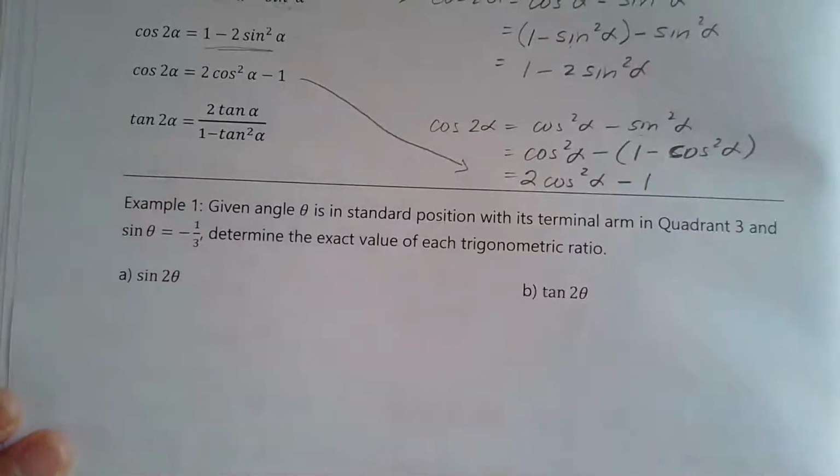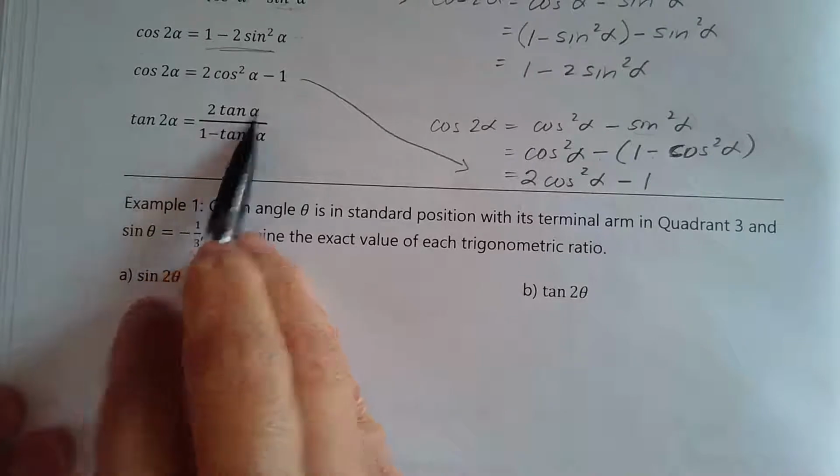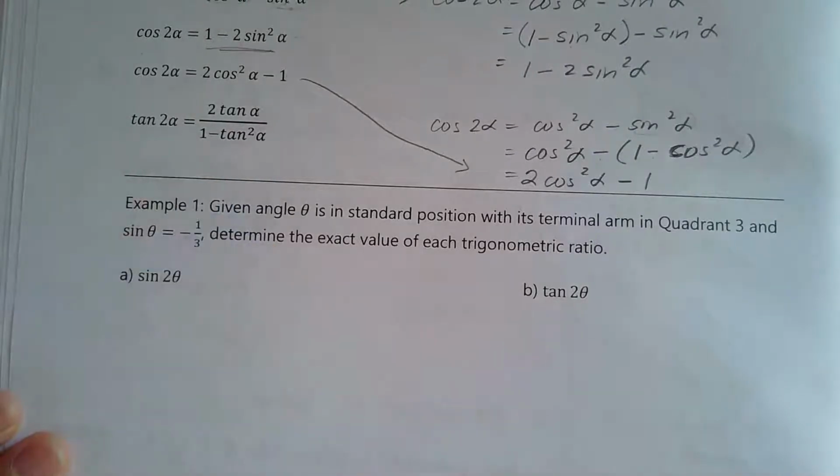And then finally, tan 2 alpha is equal to 2 tan alpha divided by 1 minus tan squared alpha.